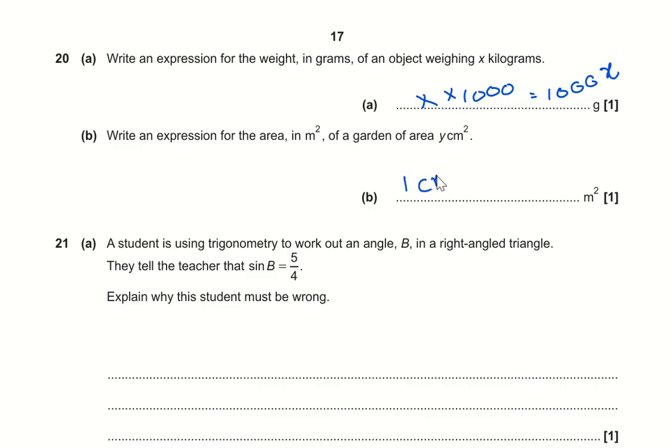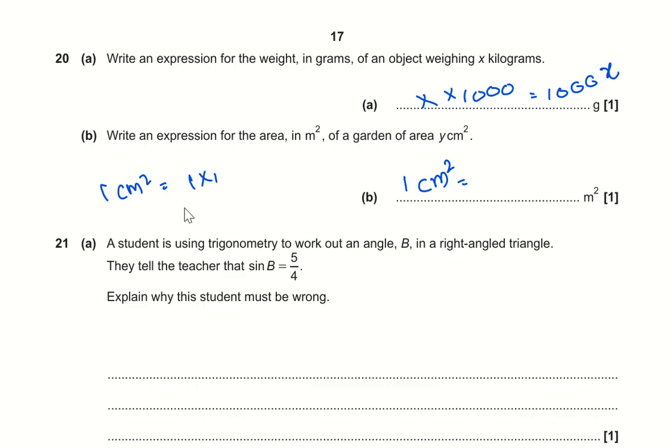1 centimeter squared means 1 centimeter times 1 centimeter. If you convert 1 centimeter to meters, divide by 100.